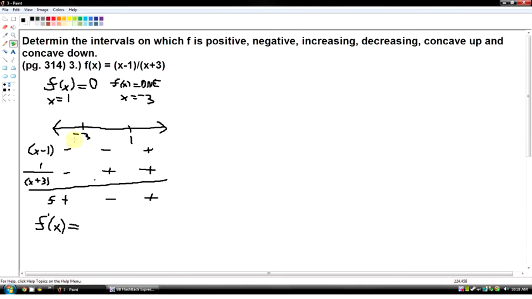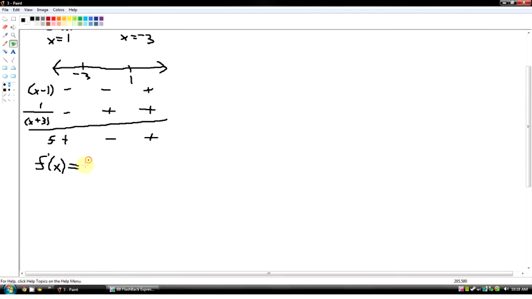We're going to use the quotient rule of differentiation: the x plus 3 function minus the x minus 1 function, over x plus 3 squared, which should simplify to 4 over x plus 3 squared.